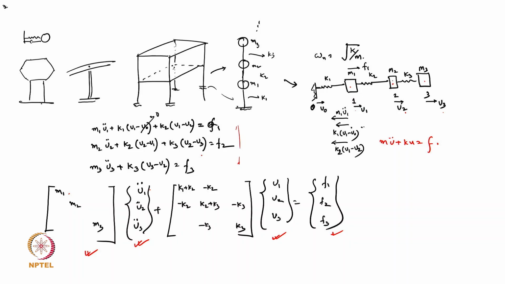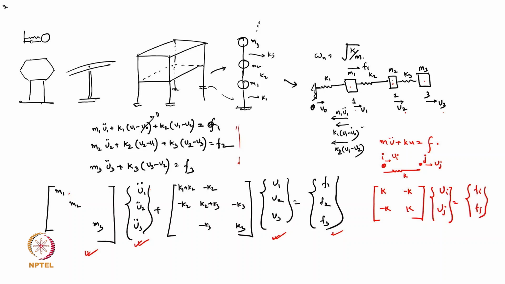First, let's see the stiffness. It is connecting two degrees of freedom. Let's say this is I, this is J, which means UI and UJ, and this is a stiffness K. Then the stiffness matrix comes out as K, minus K, minus K, K, multiplying UI and UJ, equal to Fi and Fj.